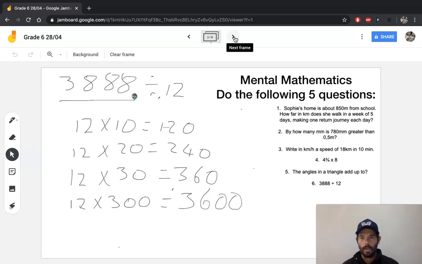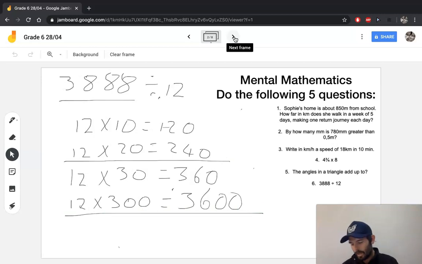Okay, I'm another 288 away from 3,888. Okay, so if I look at these two, if I add 240 and 3,600 together, I get 3,840. I know that I'm 48 away from 3,888.